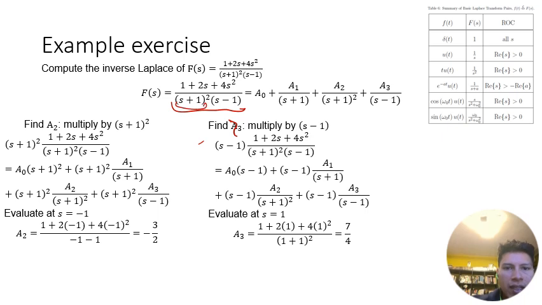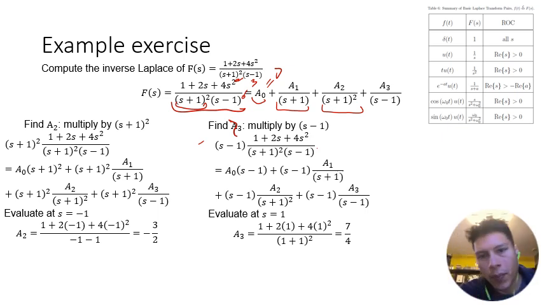So we have this repeated root, so it appears as s plus 1 and s plus 1 squared. And then we have our a0. In this case, because this is a third order and this is second order, we already know a0 is 0, but we're not going to use that, just to drive the point home of how you would deal with this.